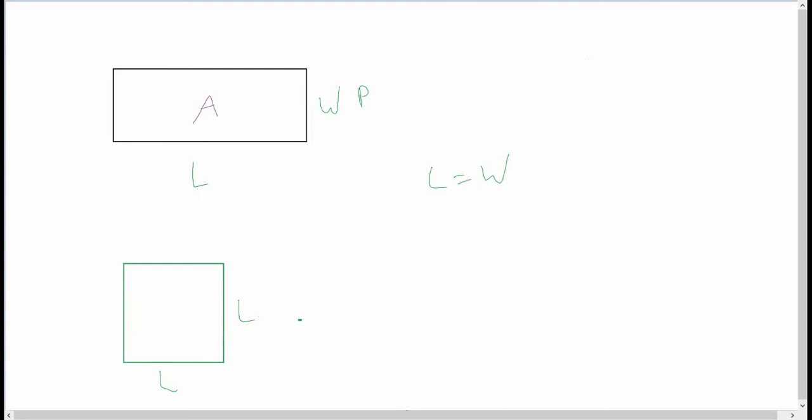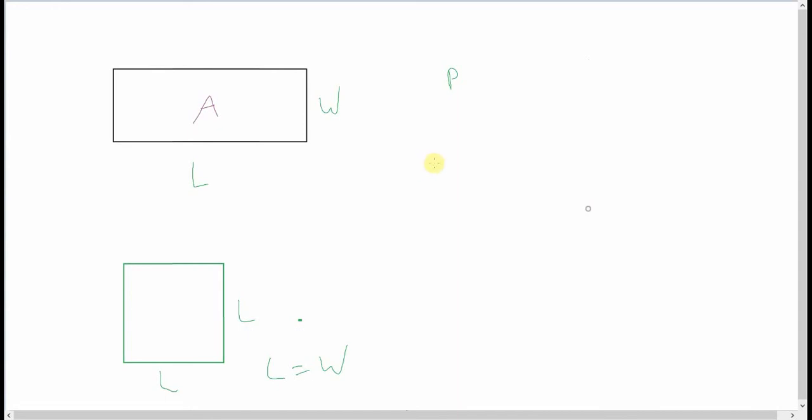So why is this true? Why do we get a maximum amount of area when we have a square? Let's write up a couple of equations here and make some sense of this.